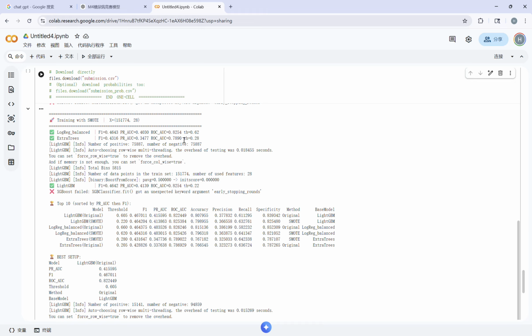Now beyond the metrics, we also need to interpret what kinds of features drive the model's predictions. It is important to clarify that what I'm describing here are predictive associations, not causal conclusions. The model learns patterns that correlate with diabetes risk in the training labels, but that does not prove that any single feature causes diabetes.